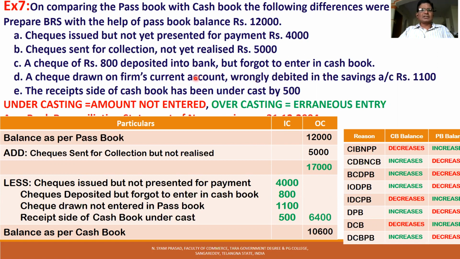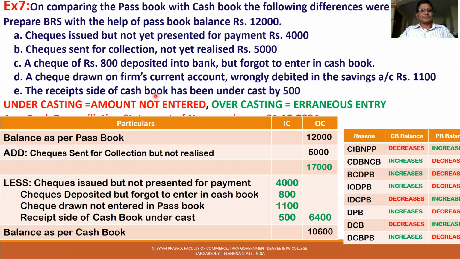That means this is deemed to be checks issued but not presented for payment. Passbook increases, so deduct. This is equal to checks issued but not presented for payment.